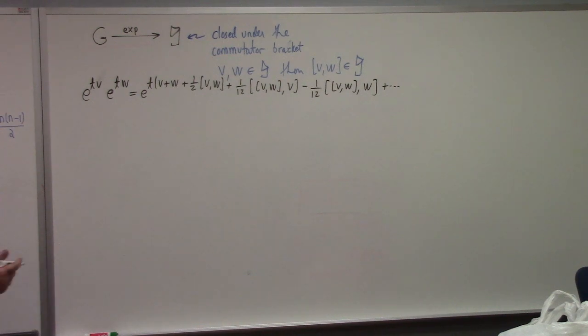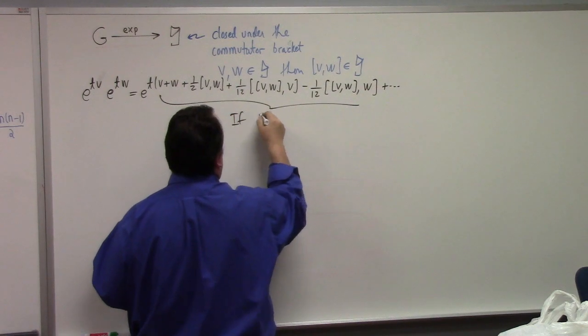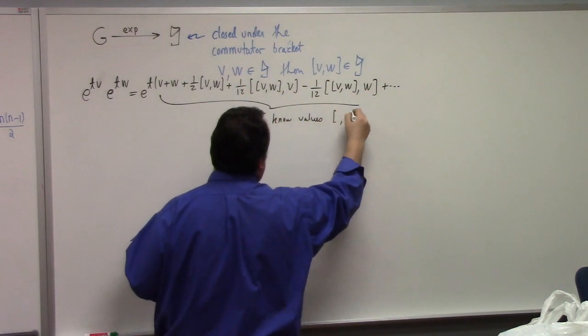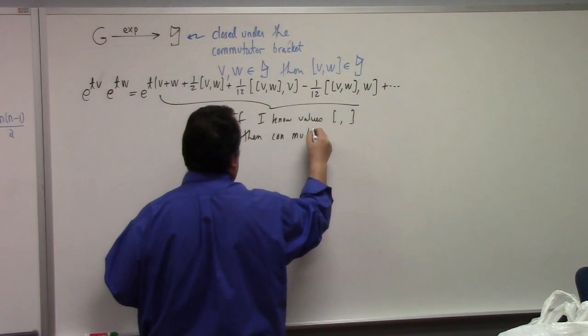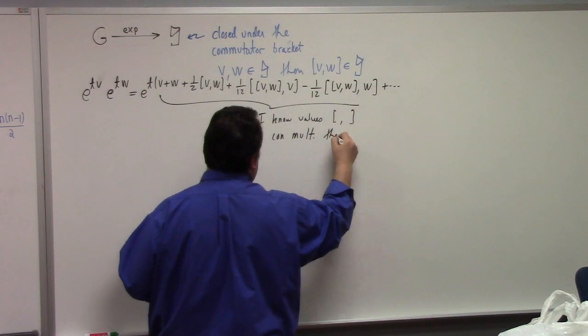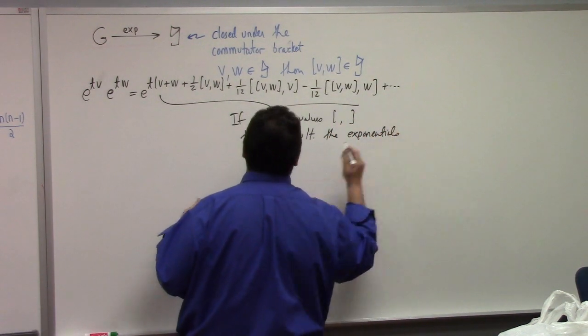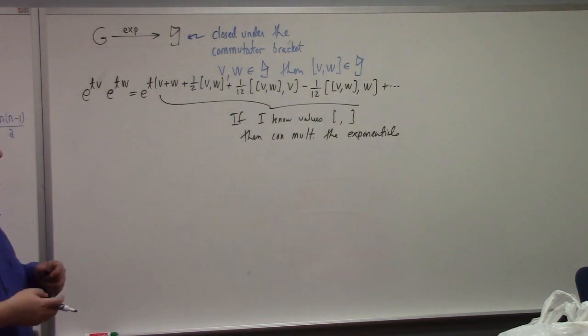If I know the values of the bracket, then I can multiply the exponentials. And I think I got it backwards.